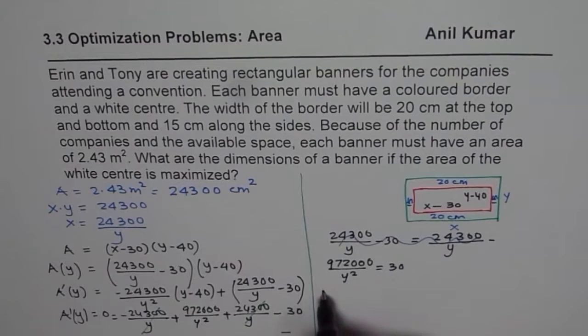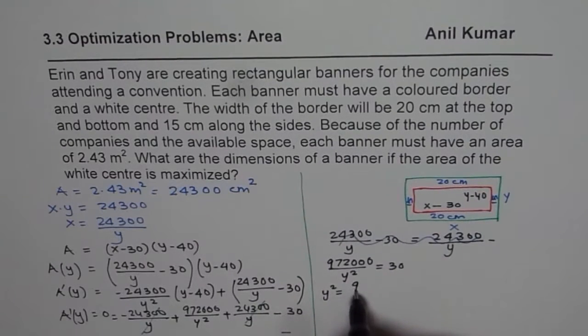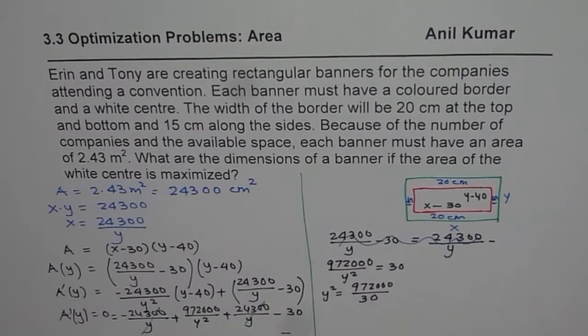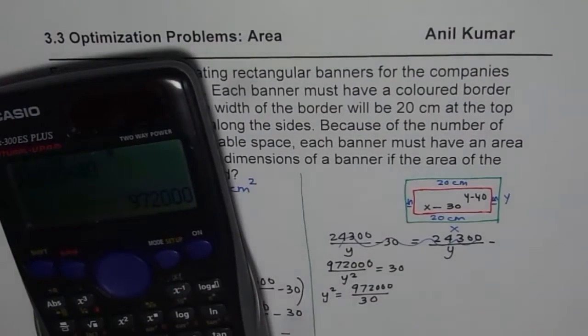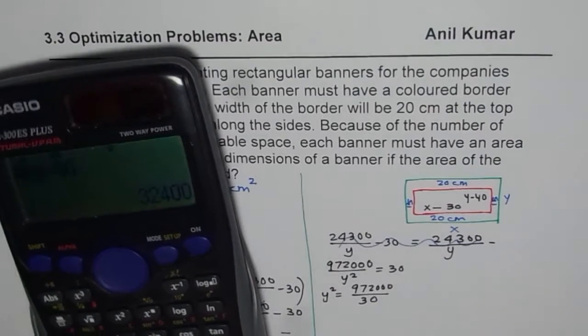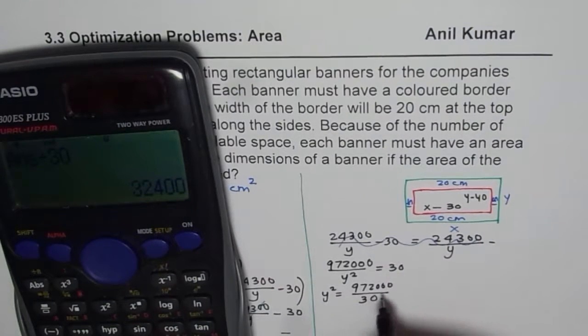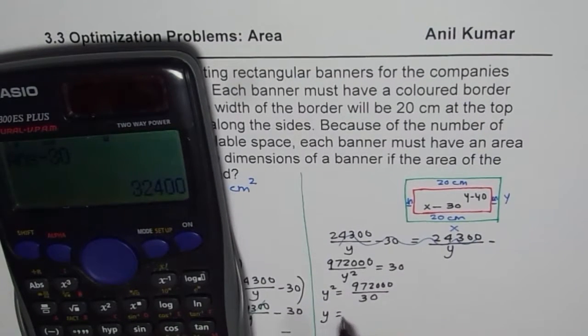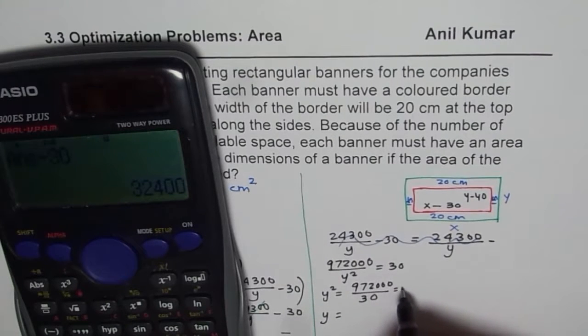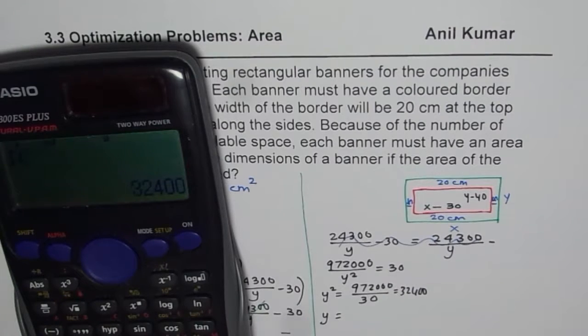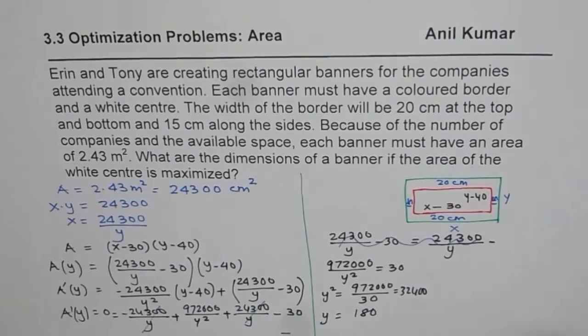So when you simplify, you get y square equals 97,200 divided by 30, and we can take the square root of that to get the y value. So this is equal to 32,400. When you take the square root, you get 180. So the value of y is 180.